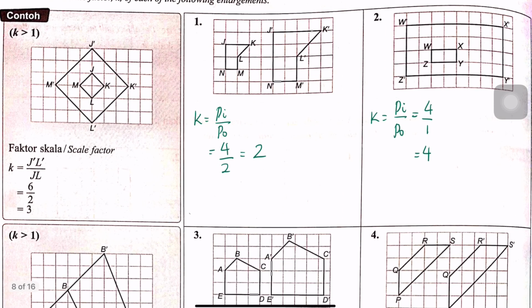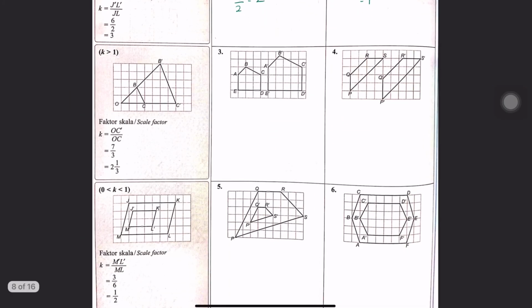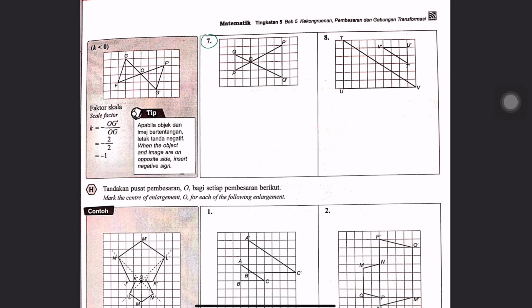This is the example for K is more than 1. Now for number 3, 4, 5 and 6, I want you to try it yourself. Just pick any sides. This one also, 7 and 8.